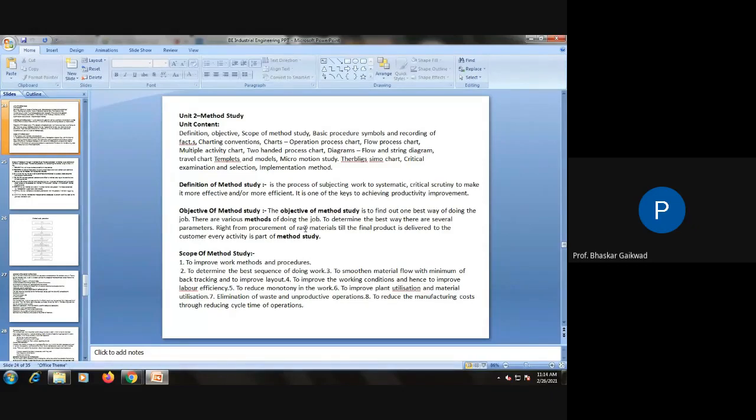We have to change the procedure, and ultimately what is the use of this? Better utilization of the triple M. What is the triple M? Material, machines, and man. By using this, definitely cost is reduced, and production and productivity increase. In short, the scope of method study is nothing but optimum utilization of all these resources: three types of resource will always be there, material, man, and machines.